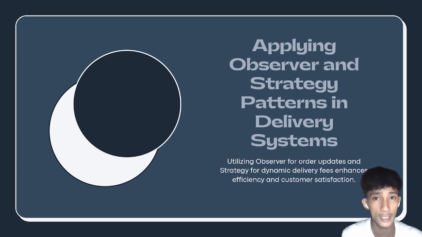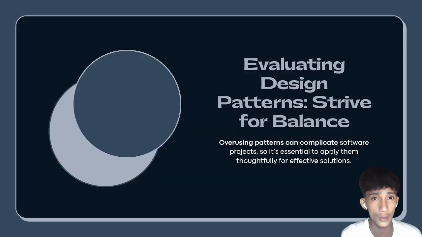So in this system, observer is responsible for order updates, while strategy handles dynamic delivery fees, enhancing efficiency and customer satisfaction.